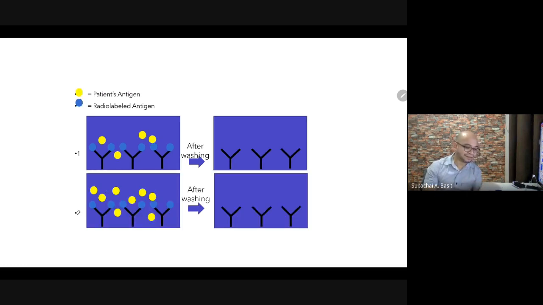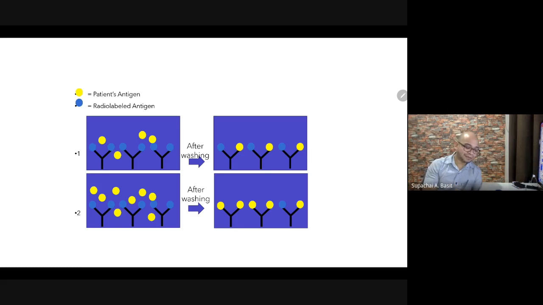Let's compare now two scenarios, no? Patient 1 and patient 2. Patient 1 has less patient's antigen, and patient 2 has more antigen. So what will happen?